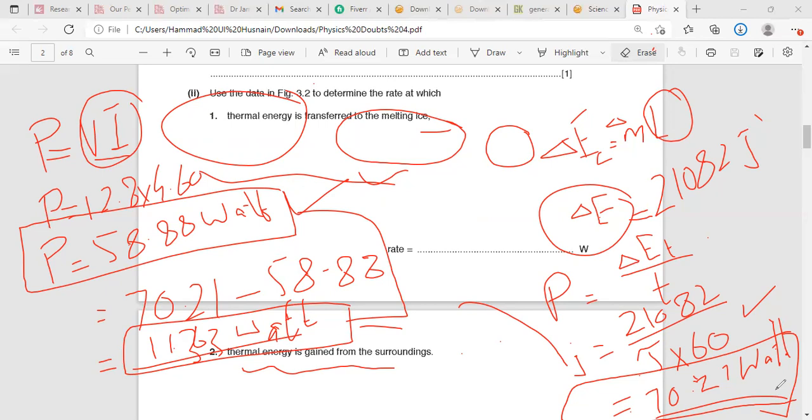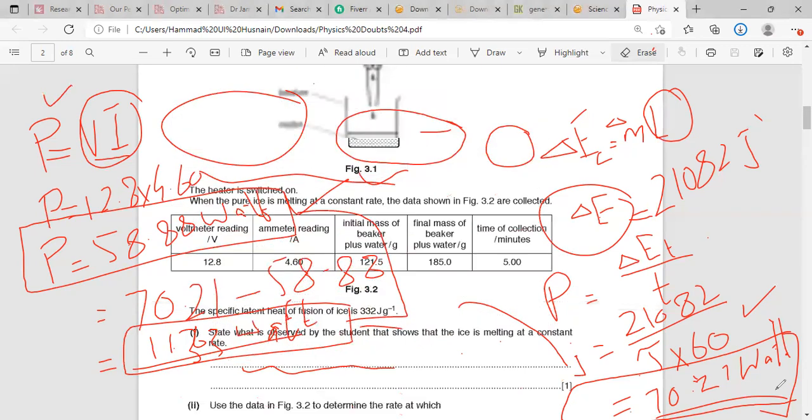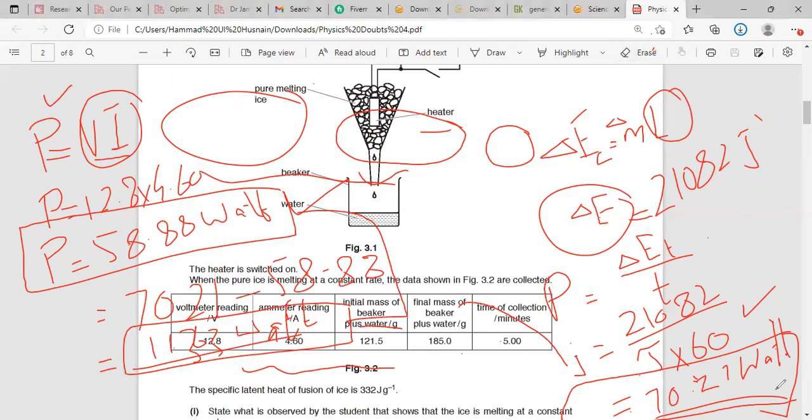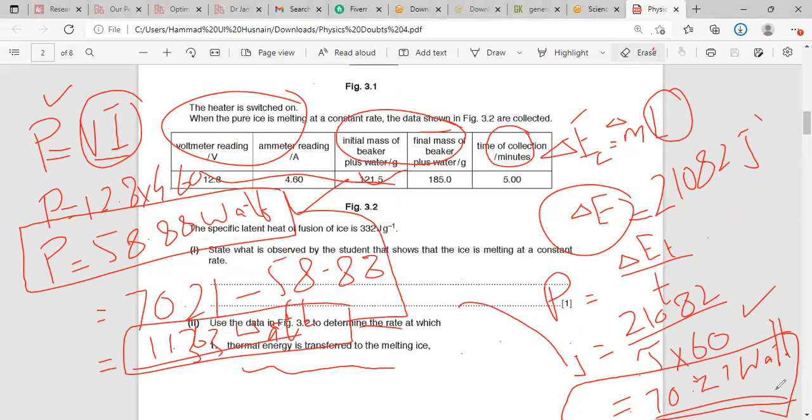Are you clear with this concept, Raini? Okay, so P equals VI, we are using it to find the power dissipated by the heater, right? Yes, P is equal to VI. We are using it for the power dissipated by the heater, because in this question you can see from the figure that it is connected to a voltmeter and ammeter.